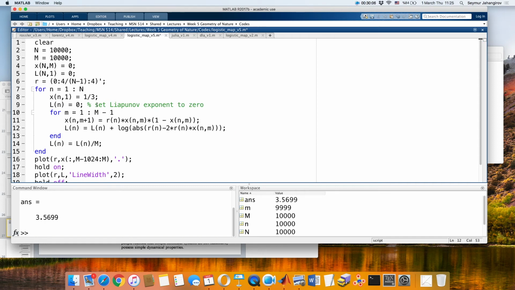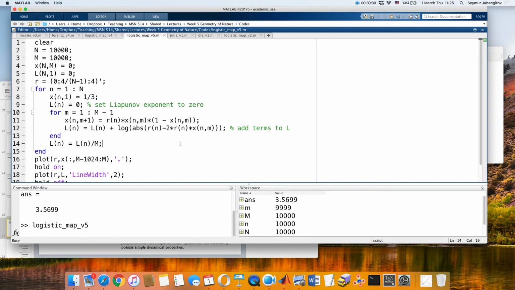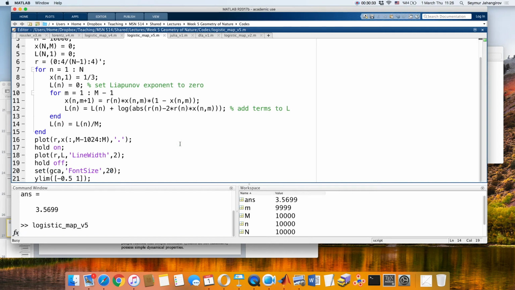Then I will add terms to L. Like this is the term over there in the expression. And you can see that this is the derivative, right? R minus 2R times X. Do you agree? So now I will plot both of them in a single plot. And you will see that indeed Liapunov exponent, whenever it becomes positive, you have chaos. Okay? Wait for it.